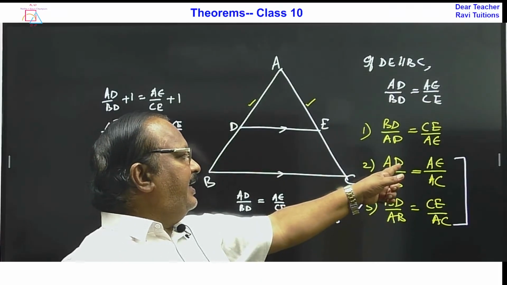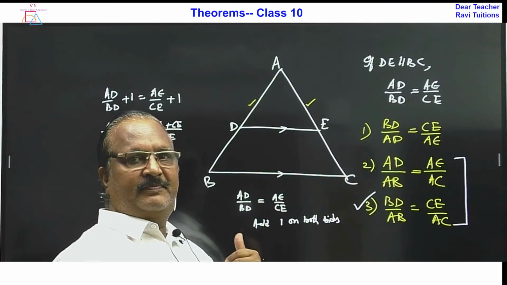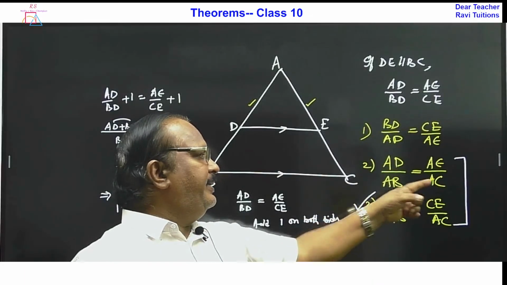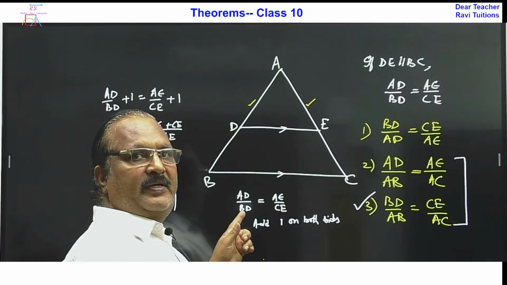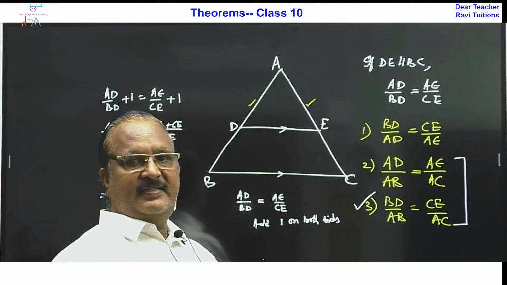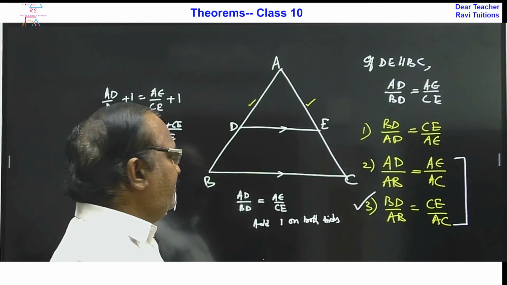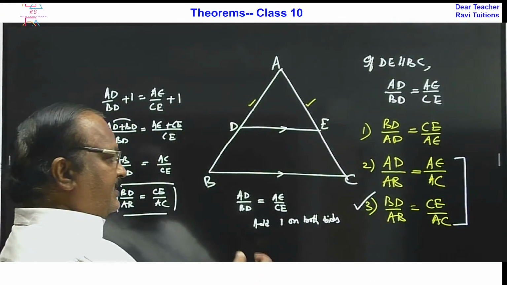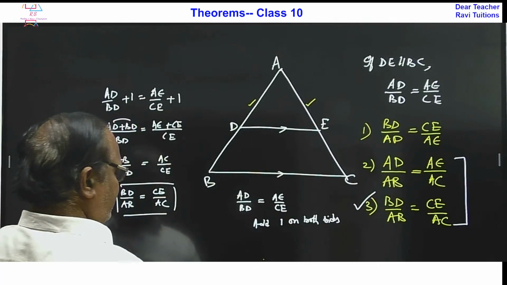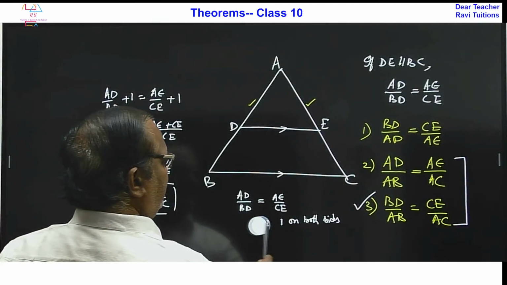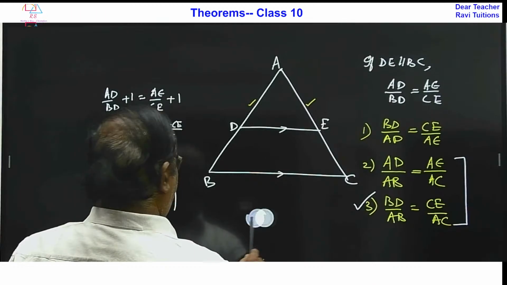If AD is there, AD should be in the denominator. AD by AB, AE by AC: then AD should be on the denominator side, and you will get this answer. So this is how the corollaries are to be proved. I will prove this also. I will take the reciprocal.